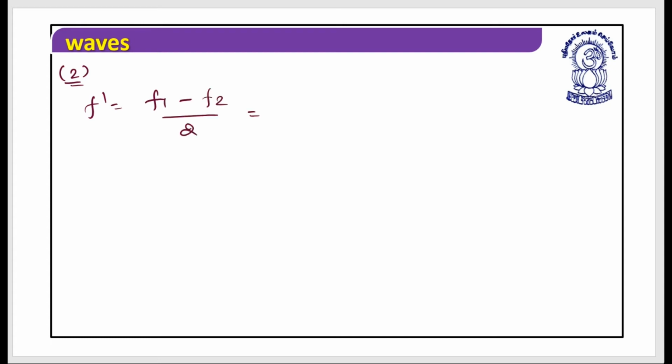This is equal to 302 minus 298 divided by 2, which is 4 by 2, so 2 hertz... that is, the frequency with which it varies. I hope this is clear. Is it clear?